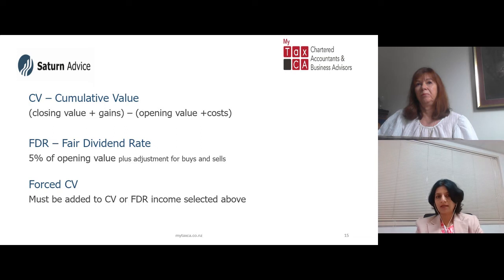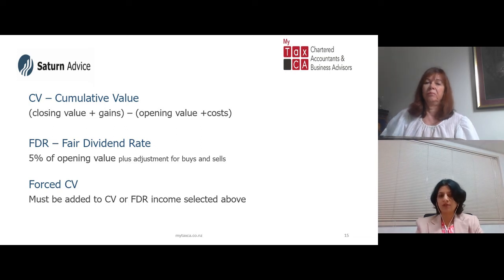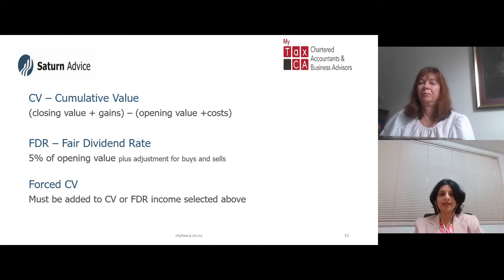FDR, on the other hand, is simply 5% of the opening value plus any adjustments for buy and sell. So we can choose any one of these, whichever is lower, and put that through in our tax return. With either of these options, we have to choose forced CV. So this has to be added to CV or FDR, whatever we select.